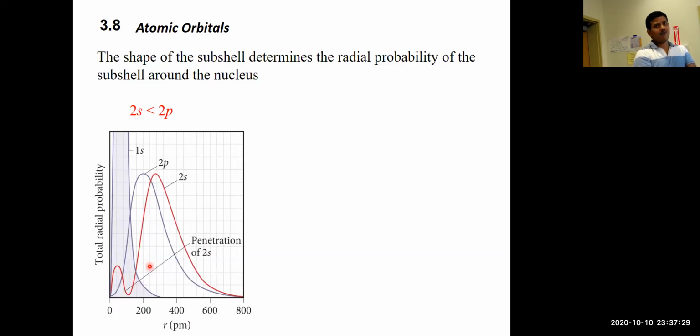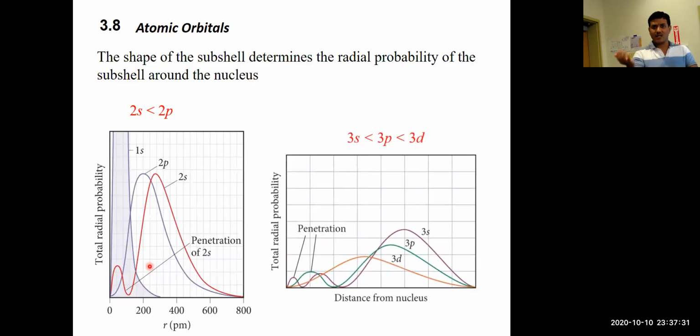Okay, I have one more example for you to digest what I'm trying to convince you of. Shell 3 has 3s, 3p, and 3d, 3 different subshells. According to what we discussed, the smaller the subshell, the greater the chance it has to experience maximum radial probability. What it means is how much more exposure it gets to the nucleus.